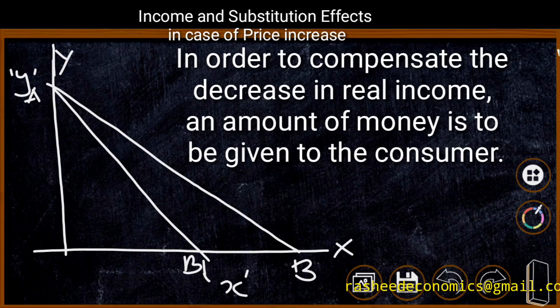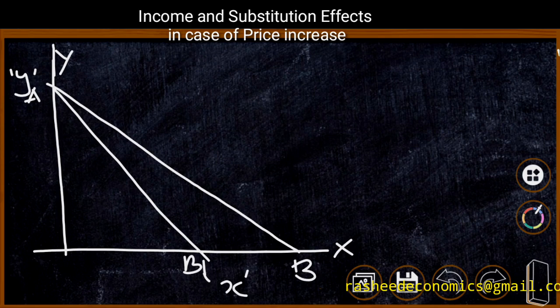A gift packet of money is given as reward to the consumer in order to compensate the variation in real income, and as a result, when money is given, the current income price line is AB1. When a gift packet of money is given to the consumer, the income price line will become A2 B2, which is parallel to AB1. This is the new income price line.